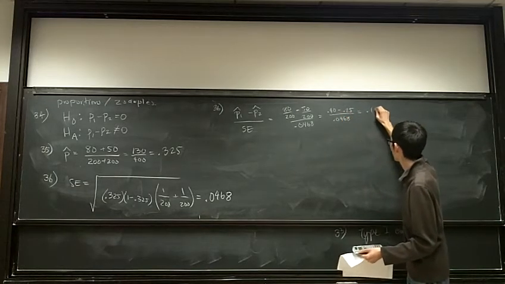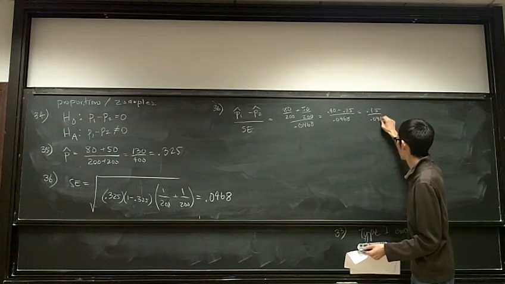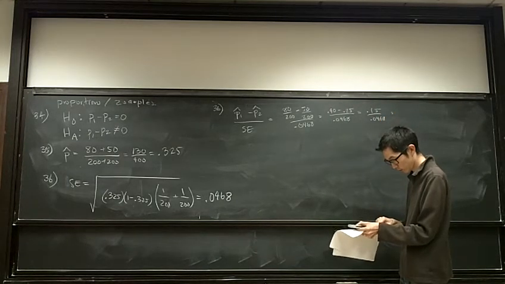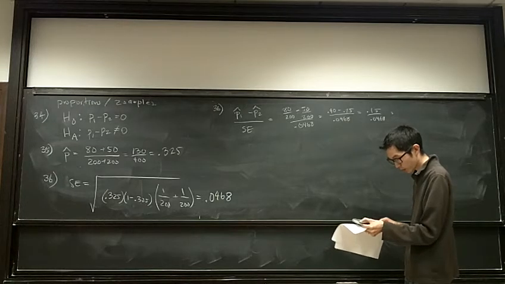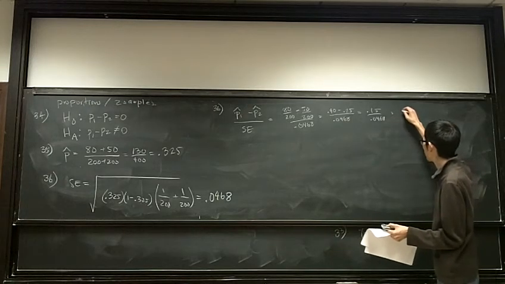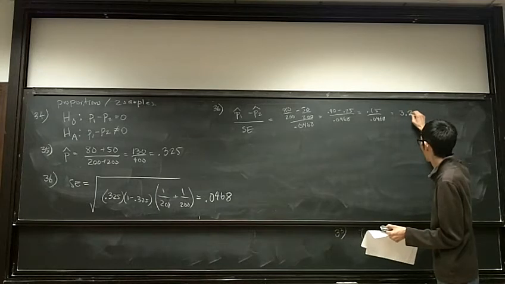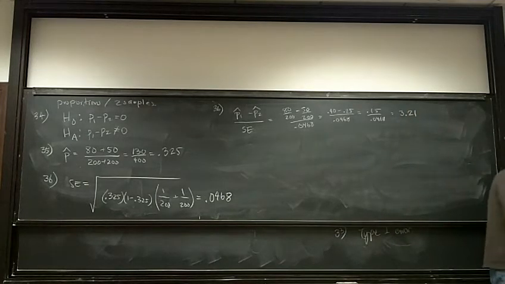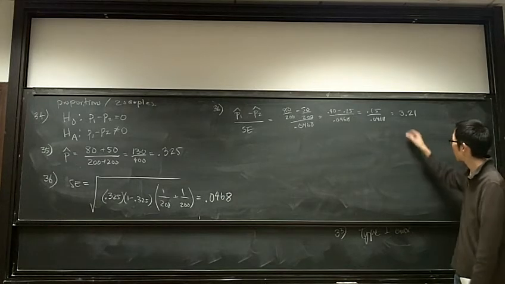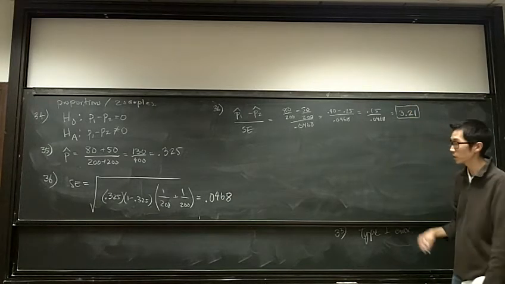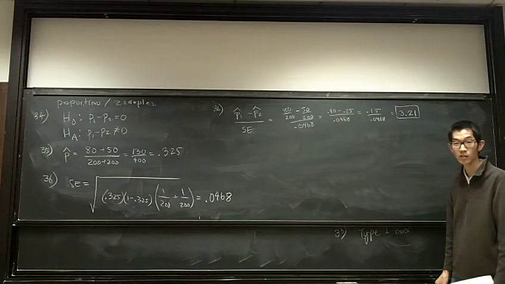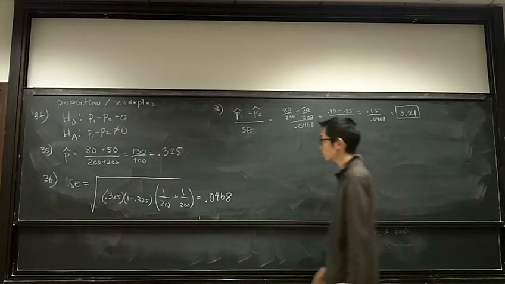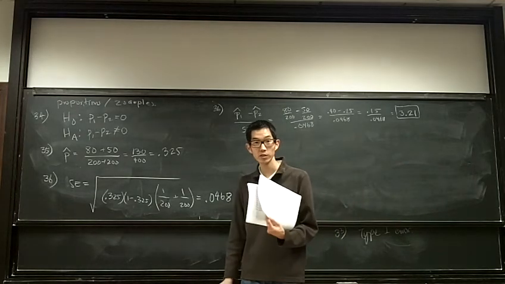So I have 0.15 divided by 0.0468. This gives me 3.21, or 3.20. Maybe the rounding is a little different, but this is going to be our test statistic here. Is that good for number 36?